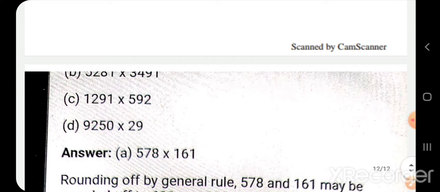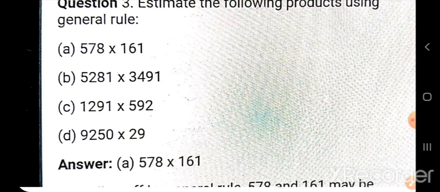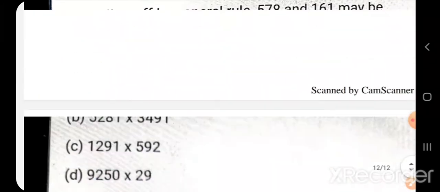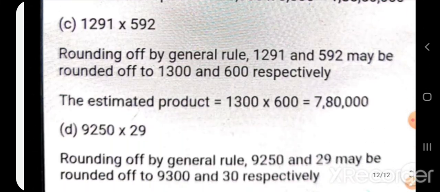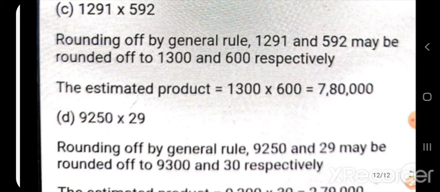Next, C. C is 1291 into 592. So here is our answer.